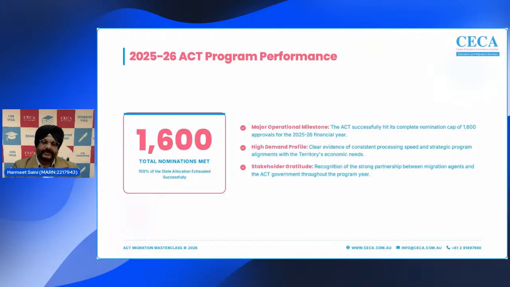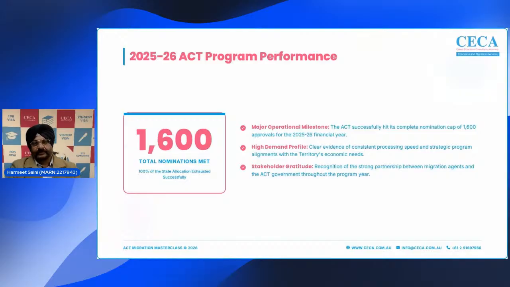In the last financial year, which recently ended on 30th of June 2026, the total seat allocation was 1600 for both visa subclasses for state nominations, subclass 190 and subclass 491. The Australian Capital Territory government successfully hit its complete nomination cap of 1600 approvals for that financial year.